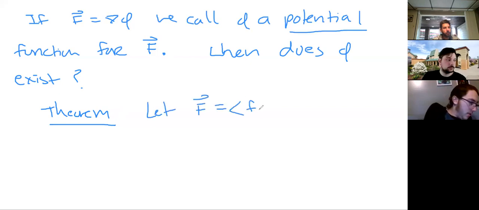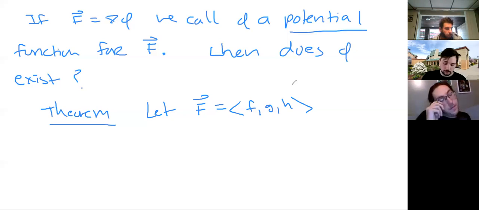So let's remember, F has components. We've been calling them F, G, and H. So capital F is a vector field. It takes an input of 3 numbers and maps it to a vector in 3 dimensions, or a point in R3, if you will.